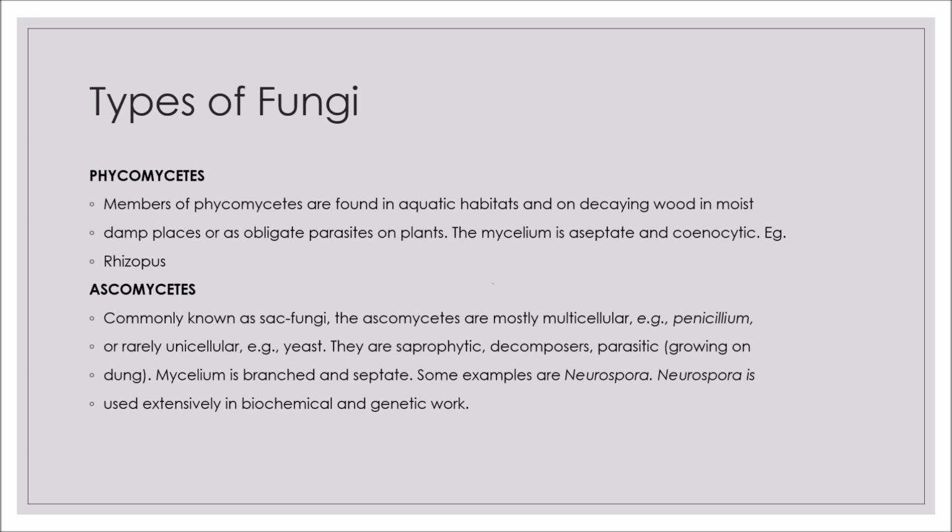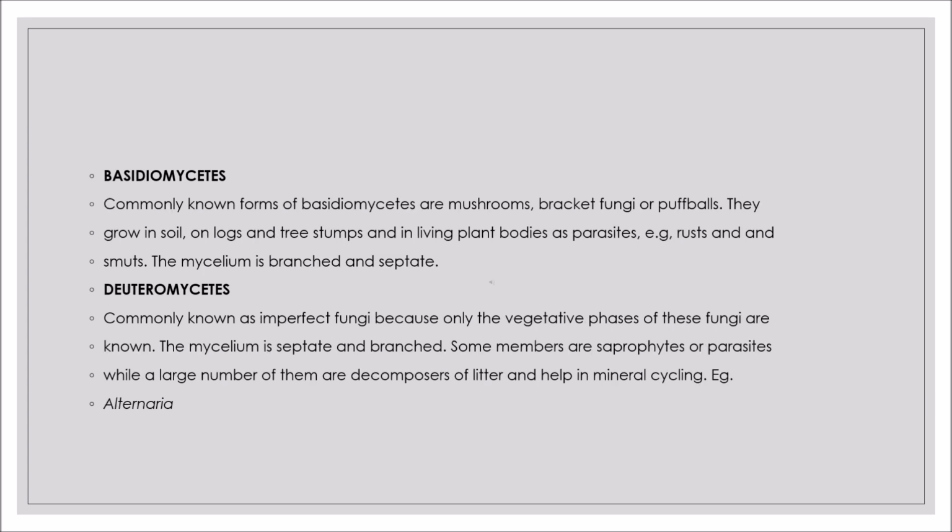Next is basidiomycetes. It is commonly all the mushrooms, the bracket fungi or puff balls. So these are all coming under basidiomycetes. These basidiomycetes grow in soil, on huge tree logs, and in tree stumps, the branch, the main trunk of it.